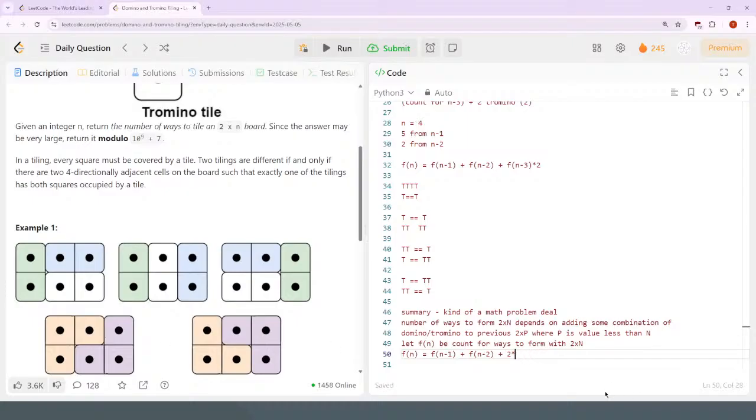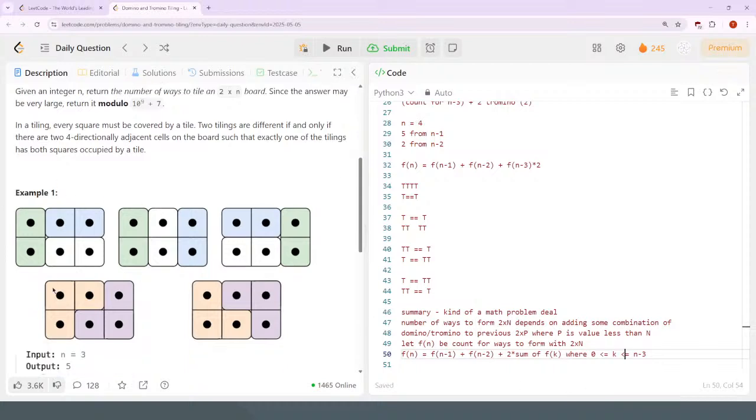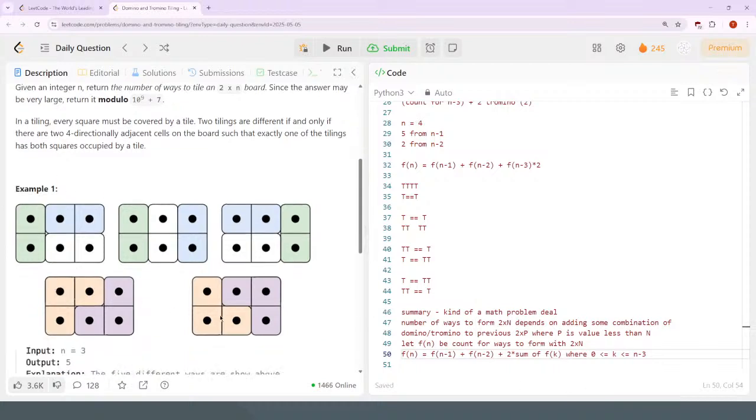But it's more like 2 times the sum of f of k, where k is between 0 and n minus 3.